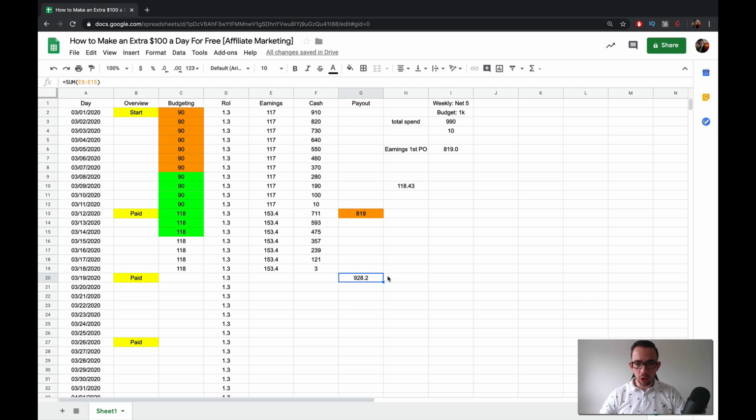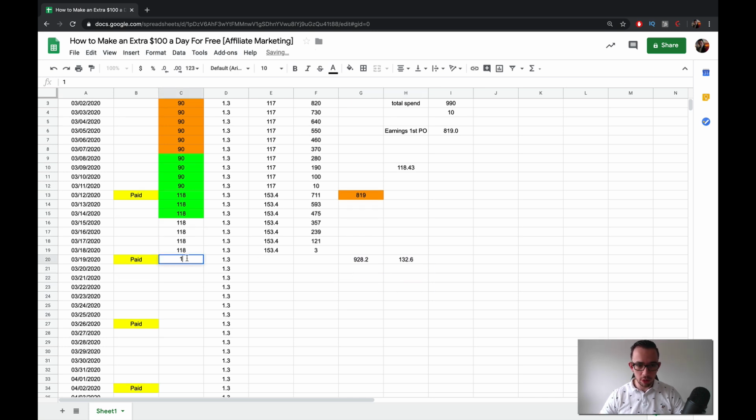Okay, so that's cool. Then, now we're going to do this divided by 7, 132 in spend per day, which will give us earnings of this amount.